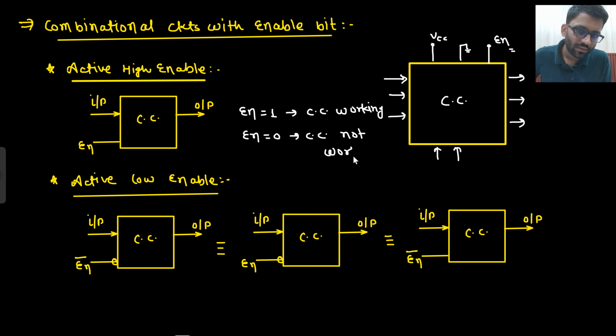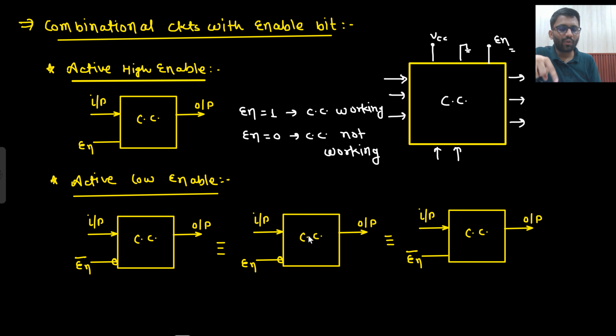That's it. Basically your output is fixed, it could be 0 or it could be 1, based on your combinational circuit. But if the enable bit is 0, then your combinational circuit is not working. If your enable bit is 1, that means the combinational circuit is working.